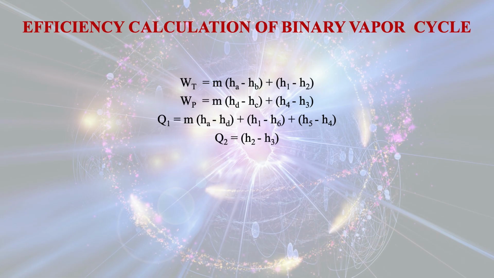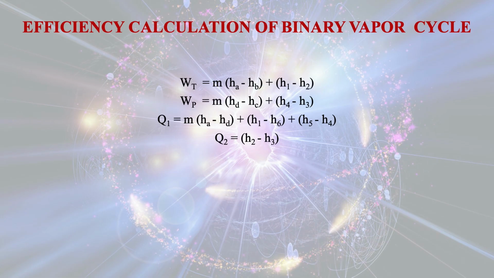So the net work done by both the turbines is WT equal to M multiplied by HA minus HB plus H1 minus H2, and the work done by the pumps is equal to M multiplied by HD minus HC plus H4 minus H3.